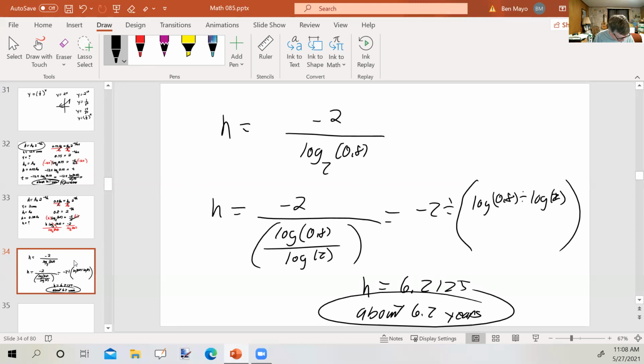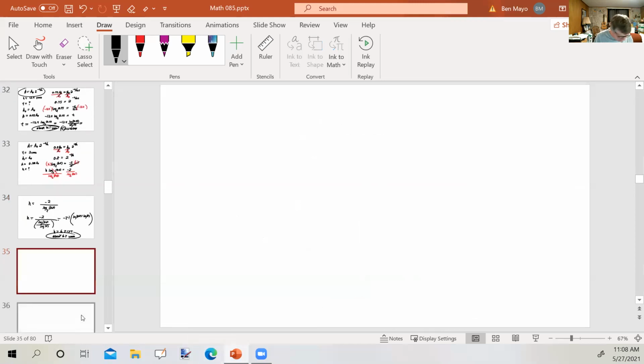Okay, let's see here. There's another formula that they give in this section, and this is P equals P sub 0 e to the kt power, where P is a population at some time T, P sub 0 is the initial population at T equals 0, and K depends on the growth rate.